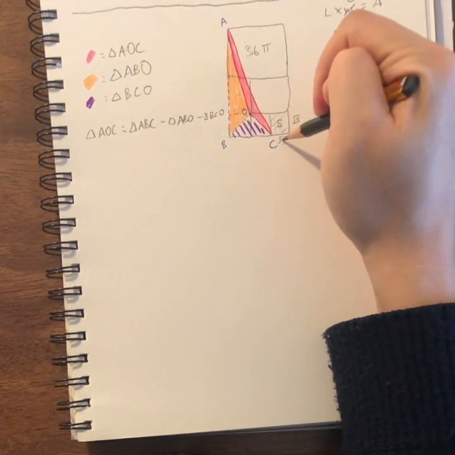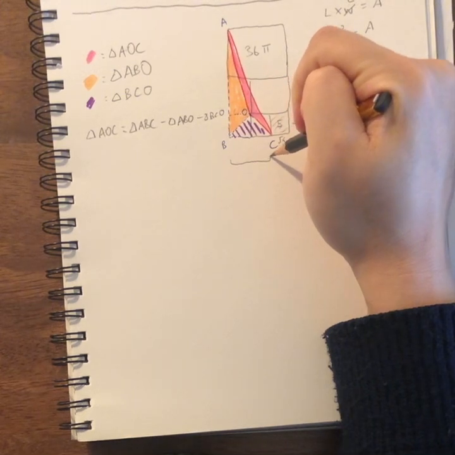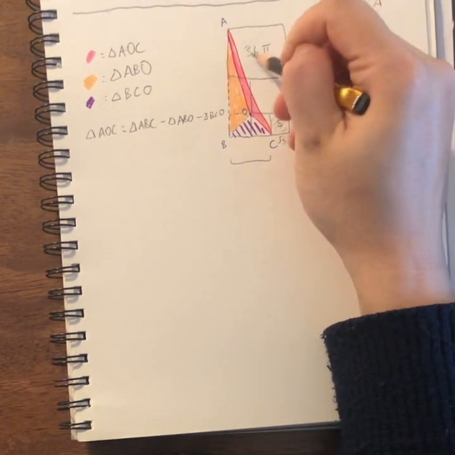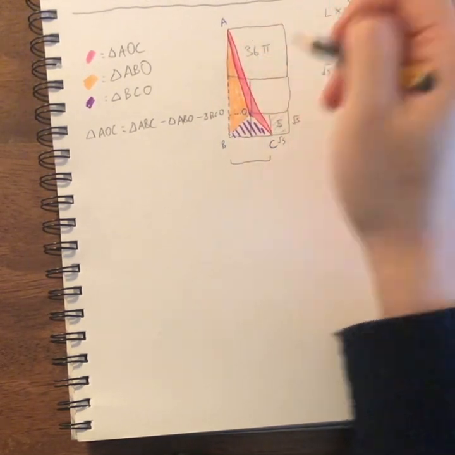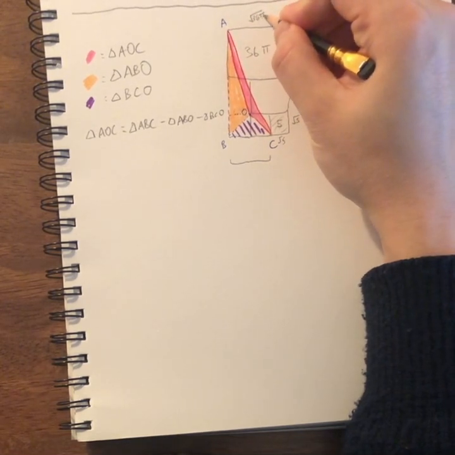Okay, so if that's root 5, I need to know what this side is over here. But I know that this whole length here, if this area is 36 pi, then one of these sides has to be the root of 36 pi.